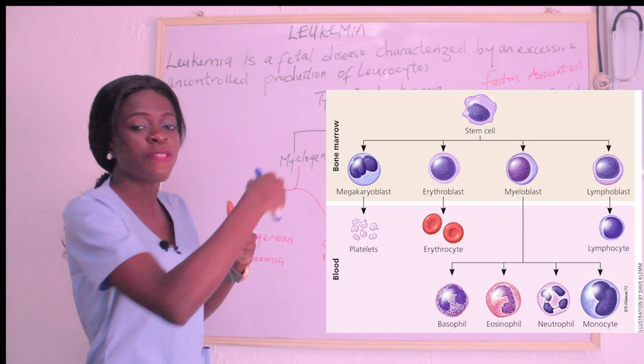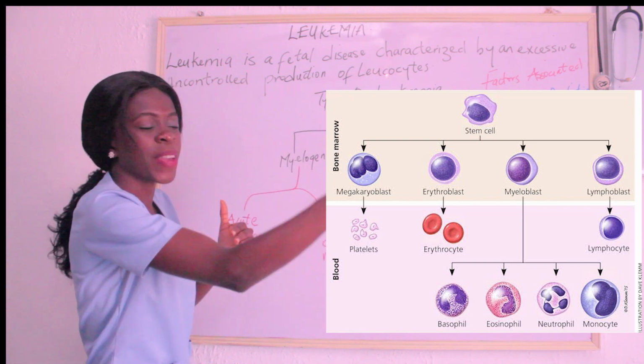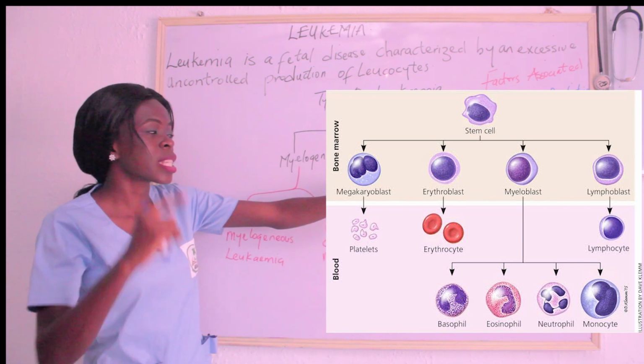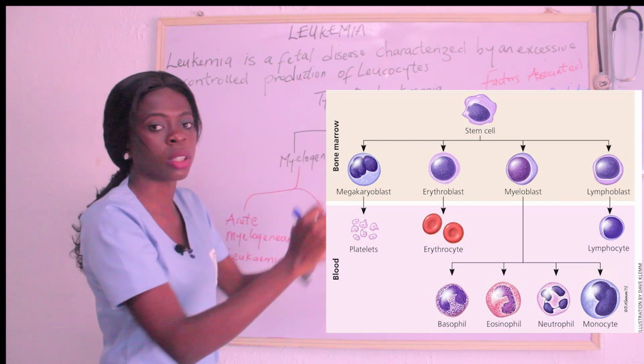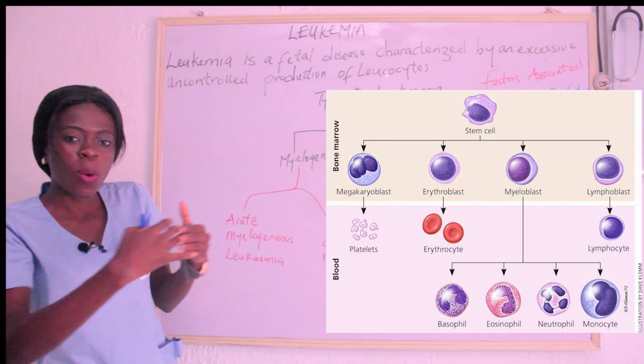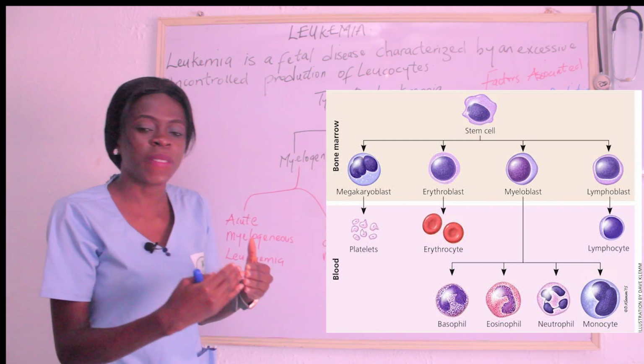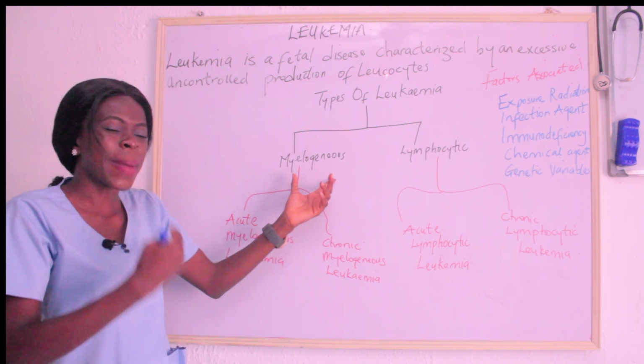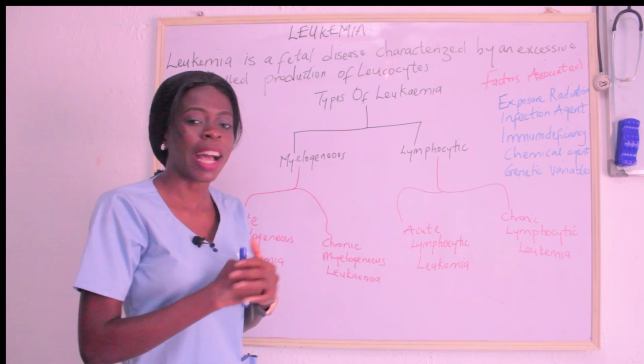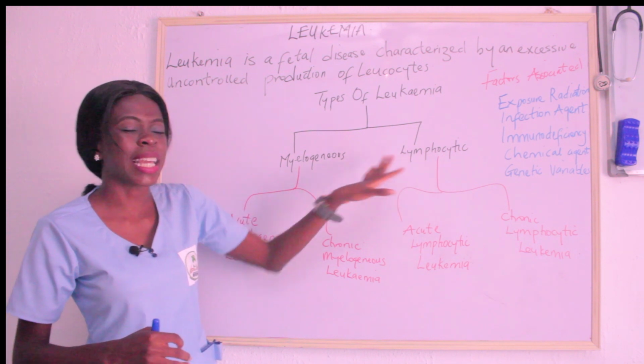So when it's the lymphoblast aspect that is being affected, we say that lymphocytic leukemia has occurred. But if it is the myeloblast aspect that is being affected, we say that myelogenous leukemia has occurred. So that is where they got their name from.